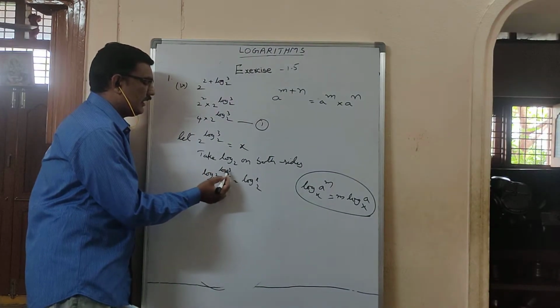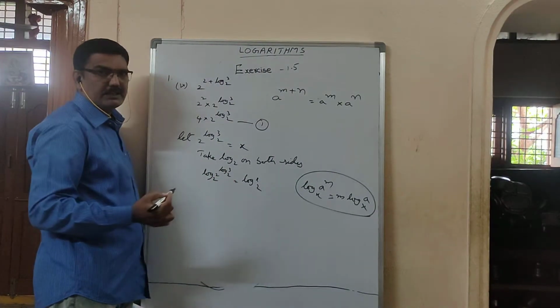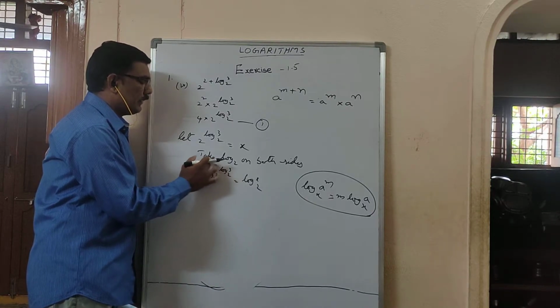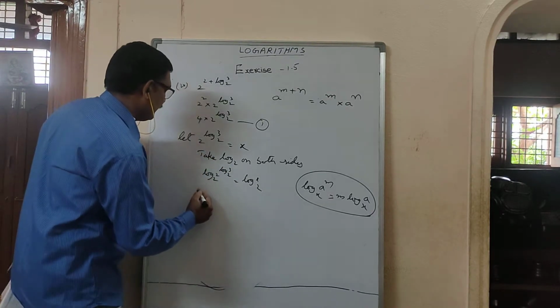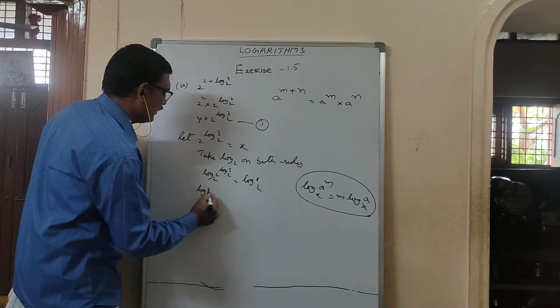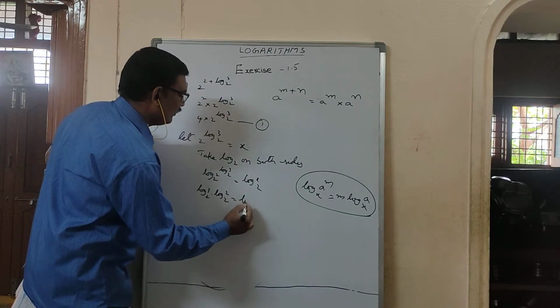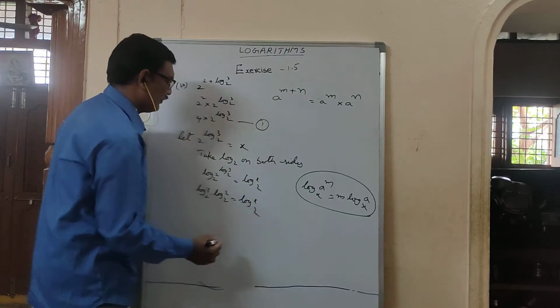Whatever power is there becomes a coefficient. So log 3 base 2 is the power of 2, so it comes as the coefficient. Log 3 base 2 into log 2 base 2 is equal to log x base 2.